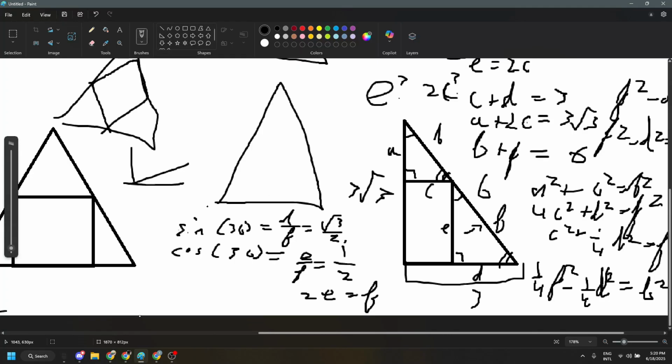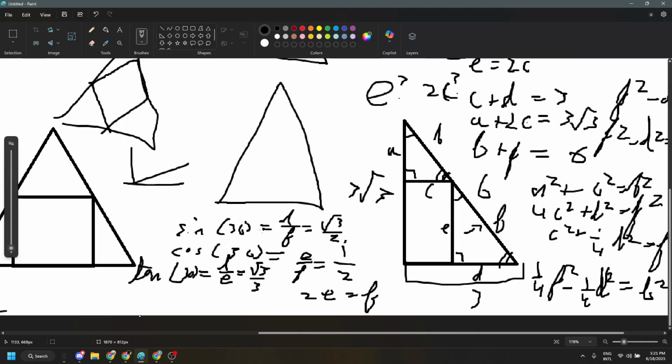So that's tangent. Tangent of 30 is D over E, is it root 3 over 3?